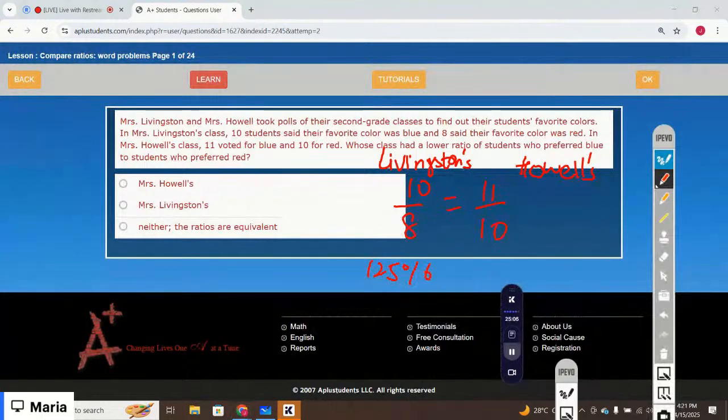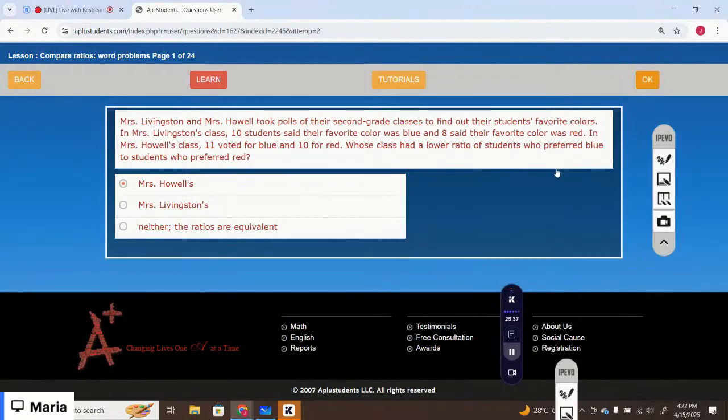Now convert 11 by 10 also into percentage form. 1.1 times 100 is 110%. So you need to see whose ratio is lower. Howell's class had the lower ratio, that is 110%. Livingston's class had 125%. So option number one is the correct option. So when you have to compare the ratios, you always convert them into percentage form and then you can compare.